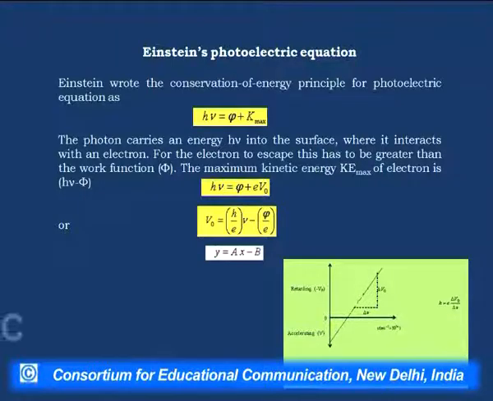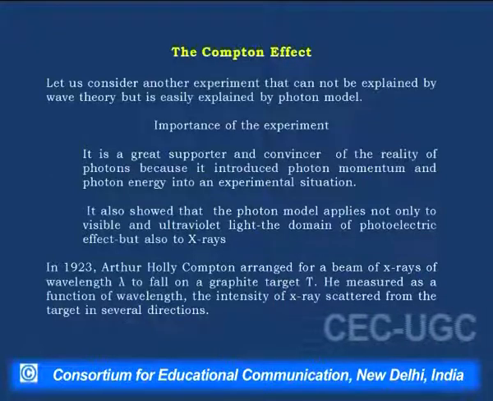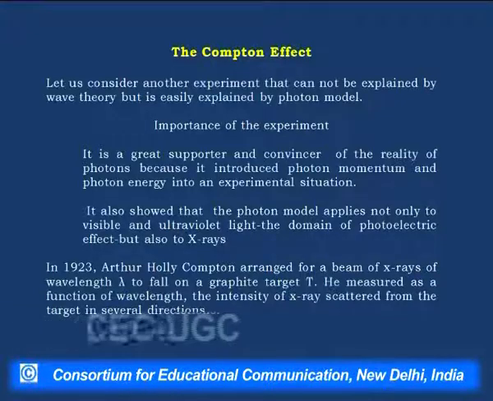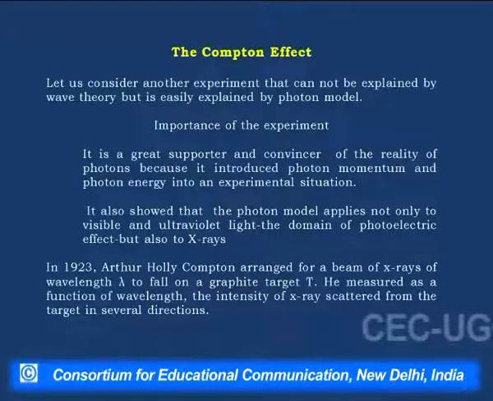That means from the slope we can calculate the Planck constant, and the intercept is phi by e, and from here we can calculate the work function. So, this is one problem which cannot be explained by wave theory, and this can be easily explained by the photon model. The second effect is the Compton effect.